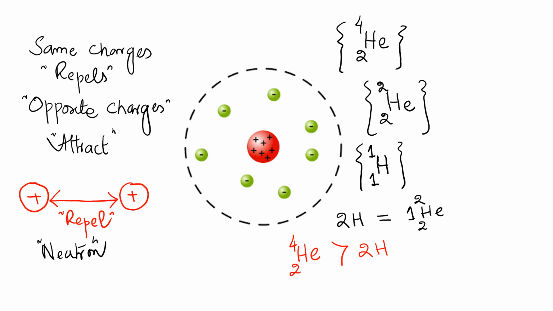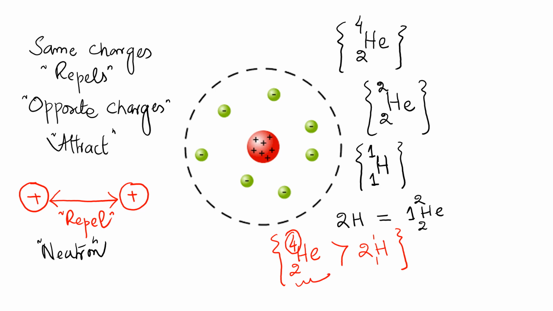This means that there are some additional particles, and due to this the atomic weight of helium is 4. These additional particles are causing the increase in the weight of a helium atom.